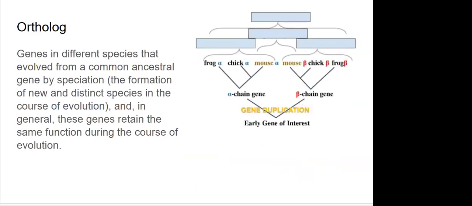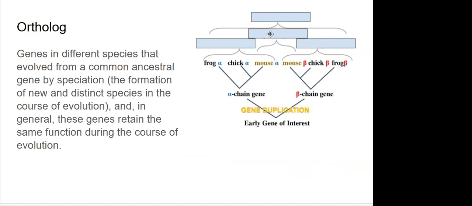Now we're back to this image. I mixed them up in here, but hopefully you do see this connection. So an ortholog is different than a paralog. Remember, a pair of dogs has a paralog: different proteins within the same species that have a similar function or a similar origin. That's a paralog.